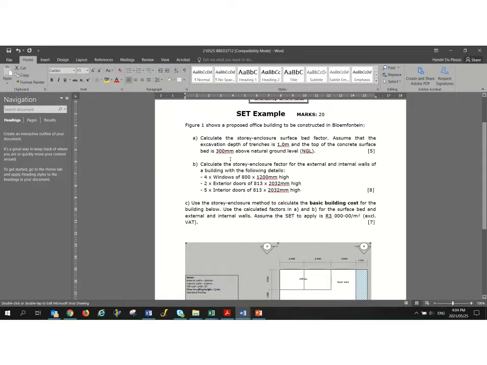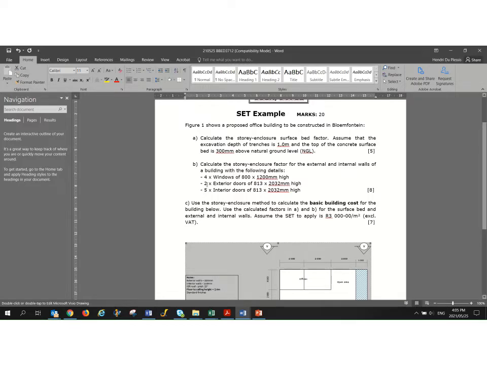So if you look at your example 5 of your study notes, you will see that it's similar to this, and it's a combination of all the preceding examples before this one. So that's question A. Question B is calculate the story enclosure factor for the external and internal walls of the building with the following details.